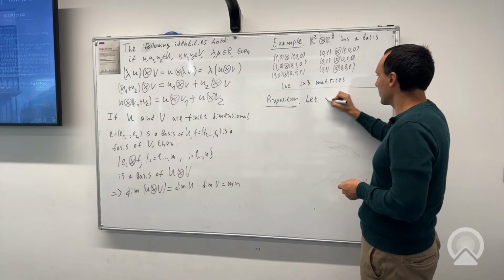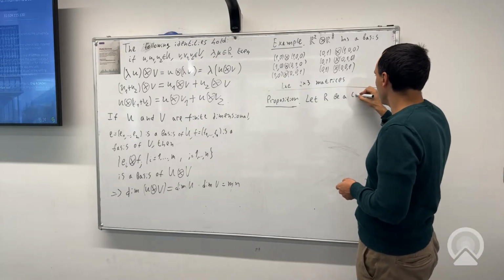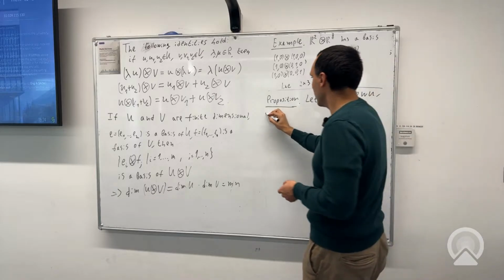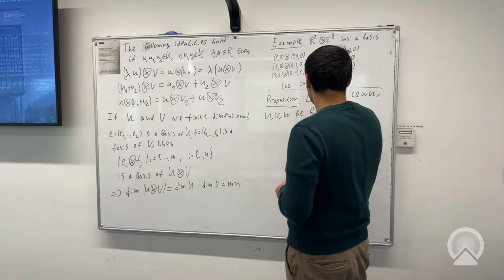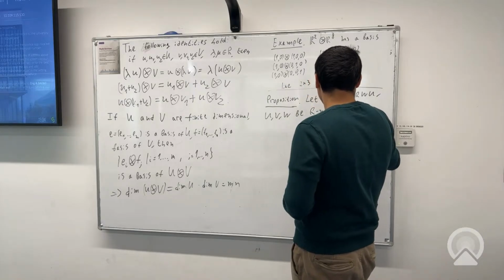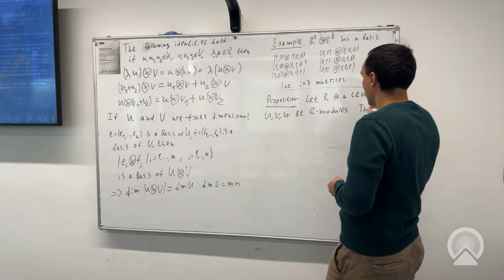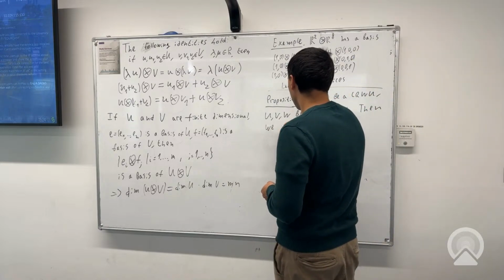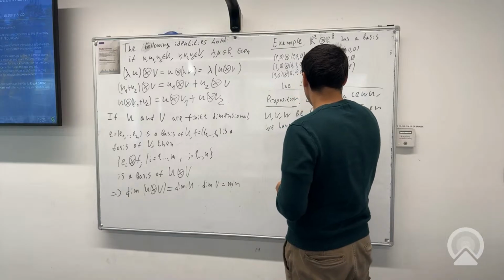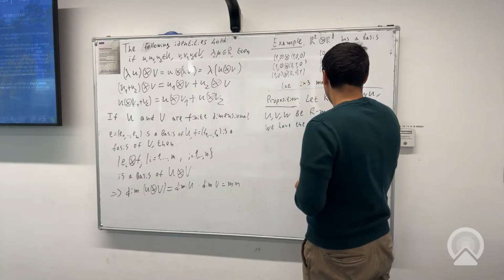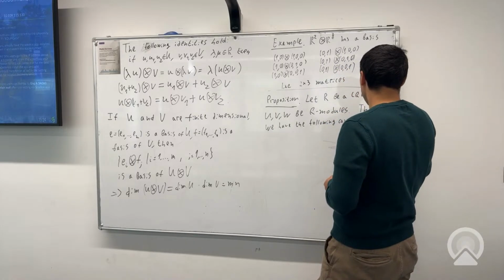So let R be a commutative ring with unity, and U, V, and W be arbitrary R-modules. Then we have the following canonical isomorphisms.